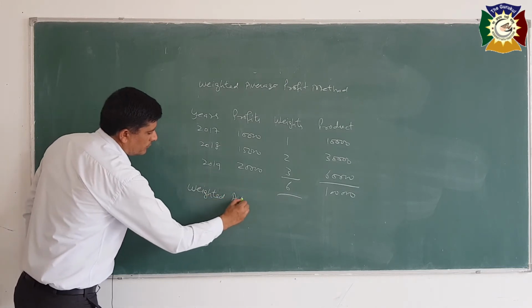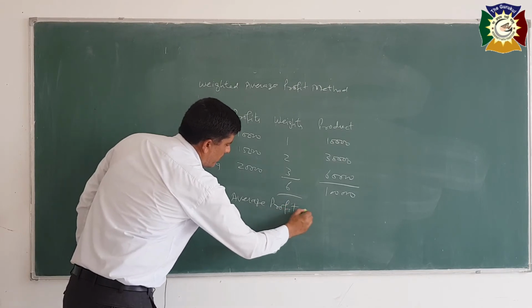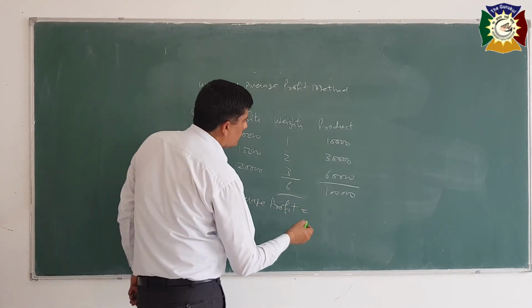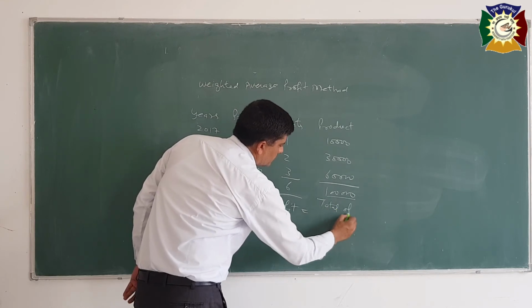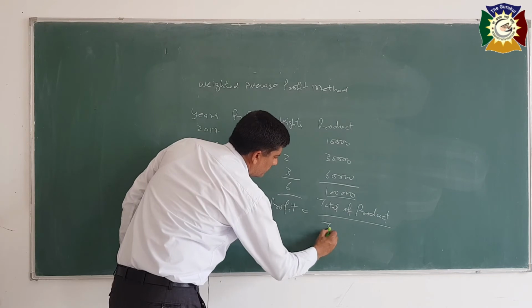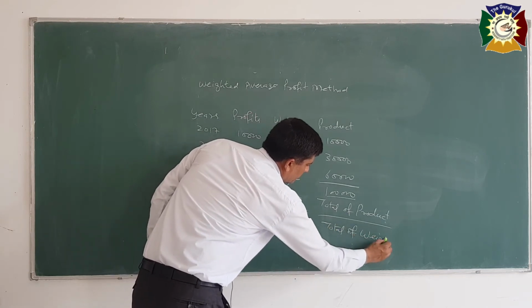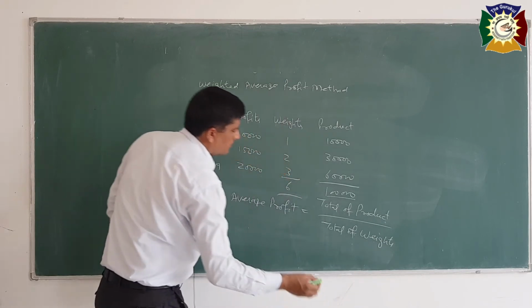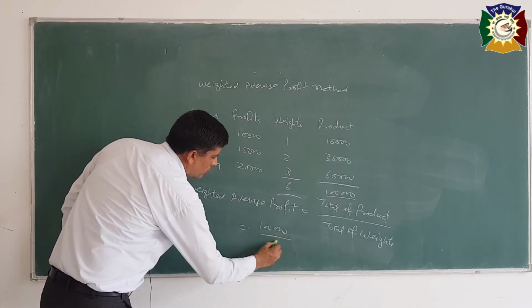Weighted average profit is equal to total of products upon total of weights. So here total of products is 1 lakh divided by total of weights 6.